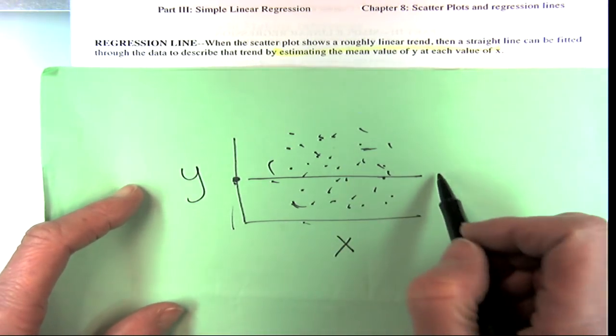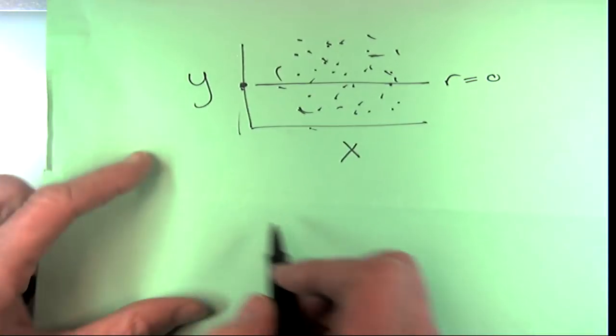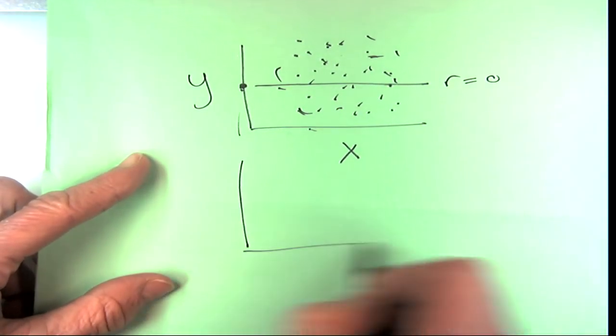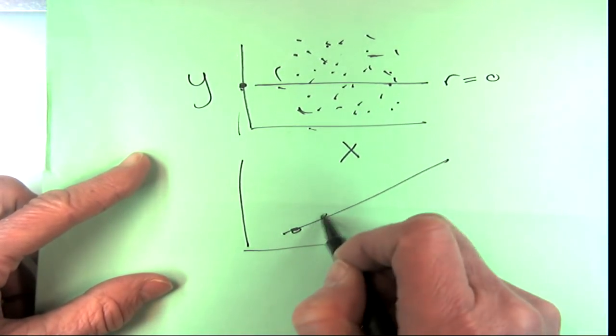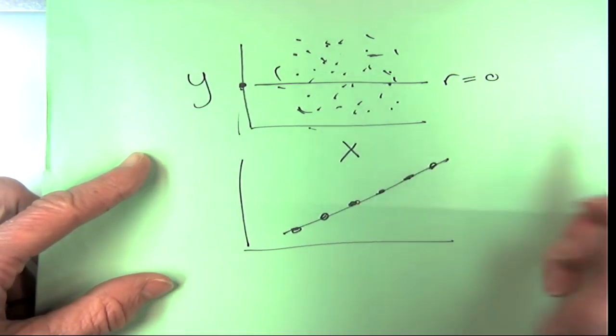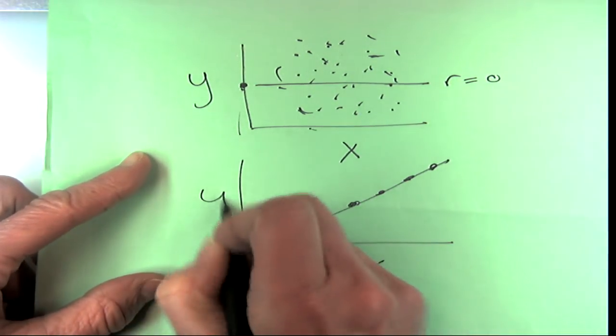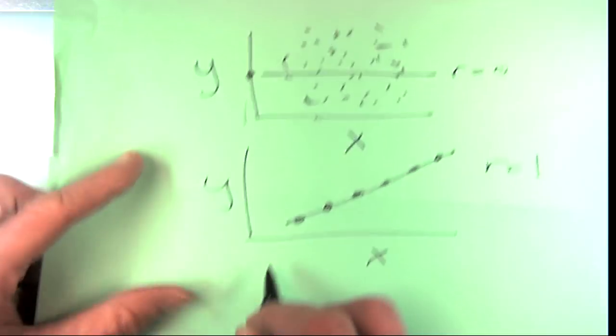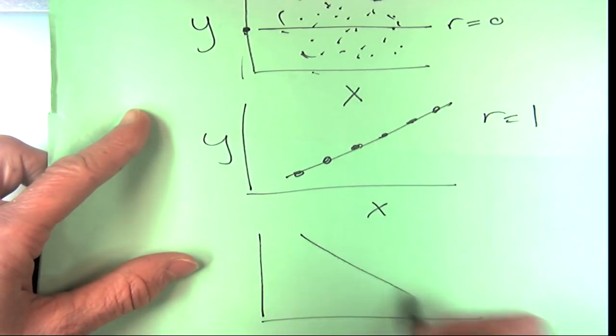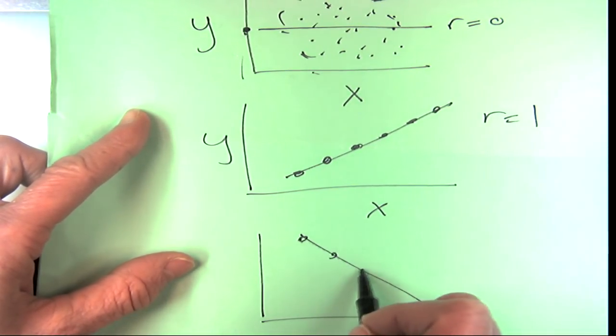This would just be R of 0, and it ranges from that to an R of 1 if all the points were on a line, so you could perfectly predict Y from X. That would be R equals 1, and then R equals -1 would look like this.